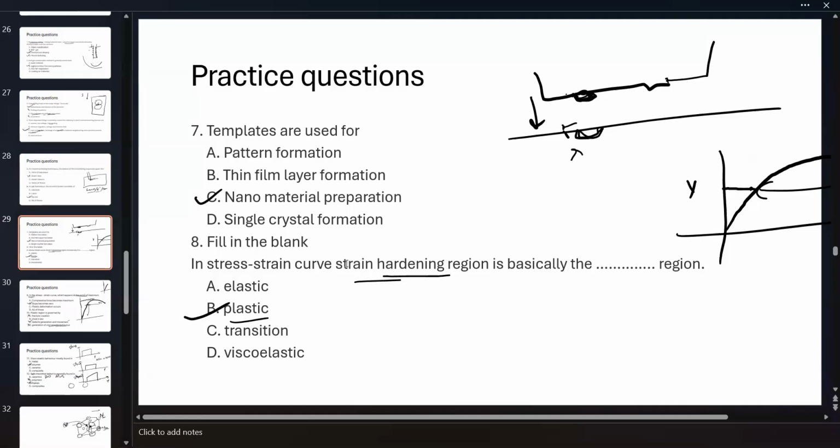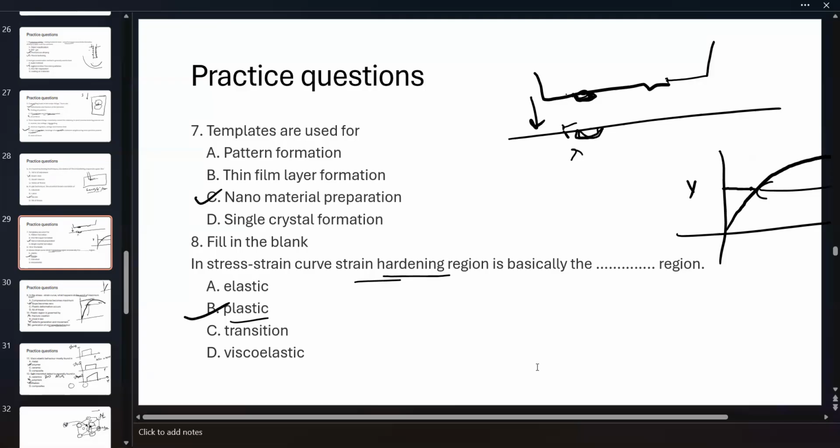In stress strain plot, strain hardening region is basically, so strain hardening only happens in plastic region. You saw in the plastic region, you get the strain hardening coefficient N. Strain hardening happens due to pileup of dislocation.